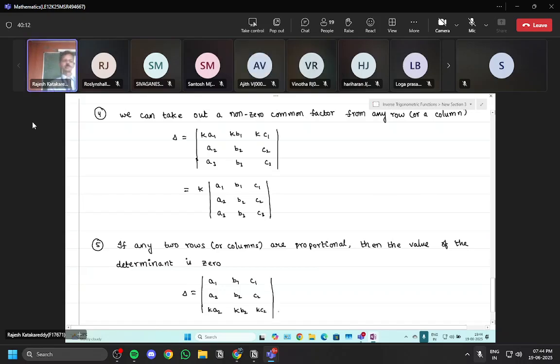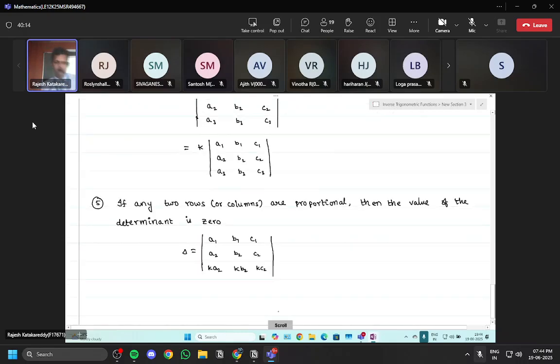We can take out the common factor from row 3. After taking out, we will have K into A1, B1, C1, A2, B2, C2, again A2, B2, C2. Now row 2 and row 3 are equal.